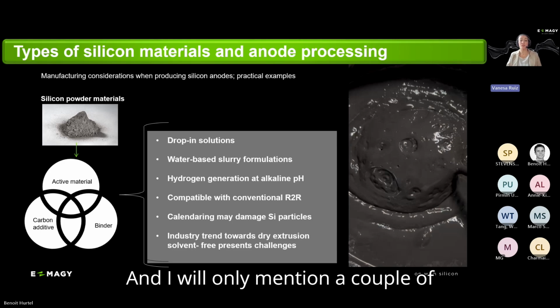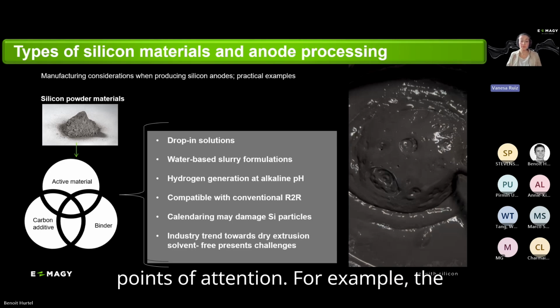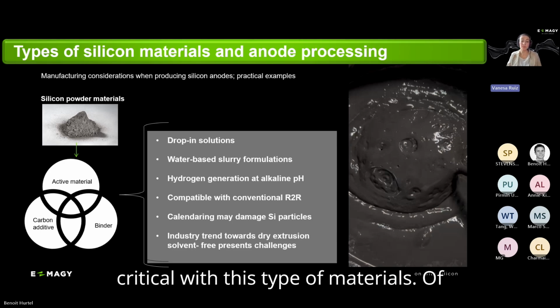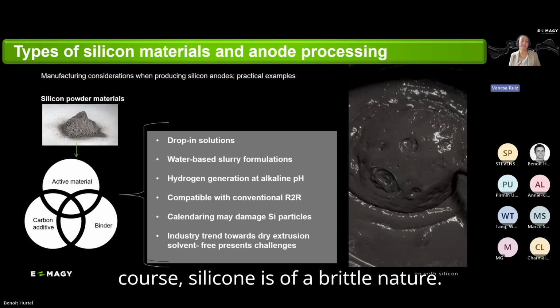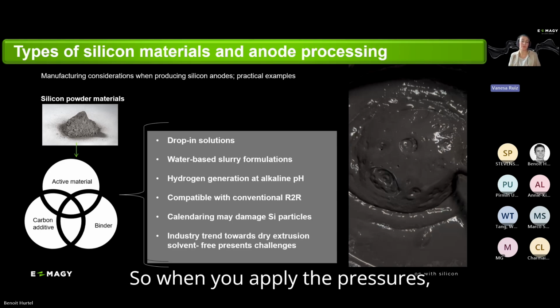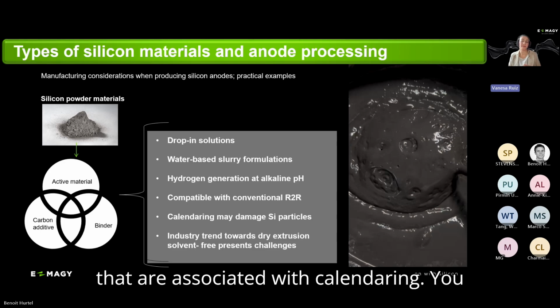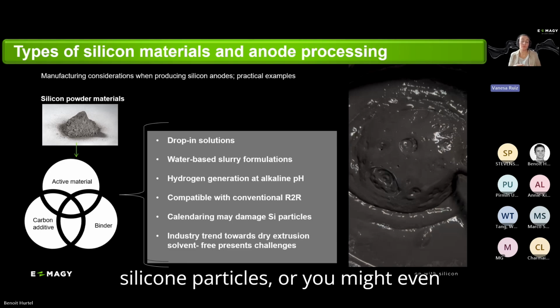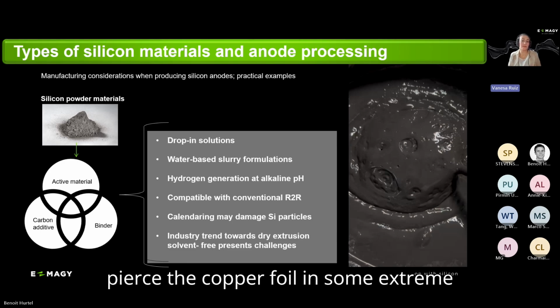And I will only mention a couple of points of attention. For example, the calendaring process might be critical with this type of material. Of course, silicon is of a brittle nature, so when you apply the pressures that are associated with calendaring, you might even break silicon particles, or you might even pierce the copper foil in some extreme cases.